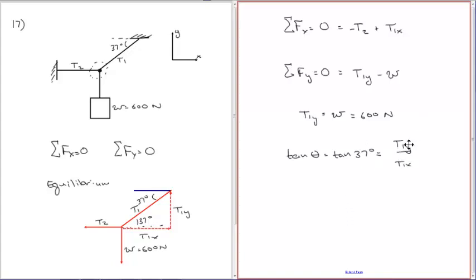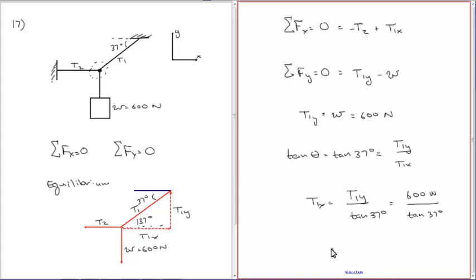We know T1y from the sum of the forces in the y direction, so T1x is going to be equal to T1y divided by the tangent of 37 degrees. T1y was 600 newtons, tangent of 37 degrees.